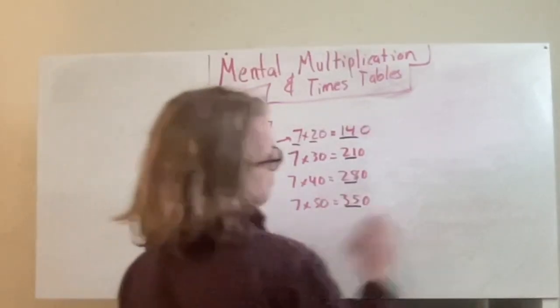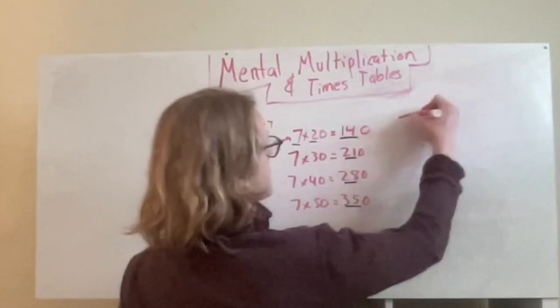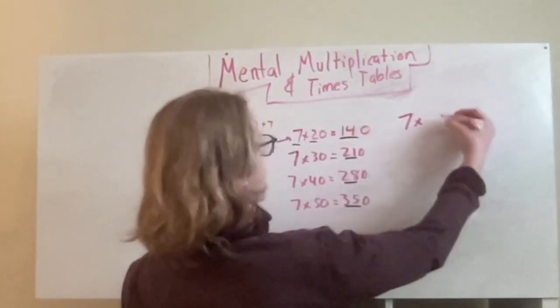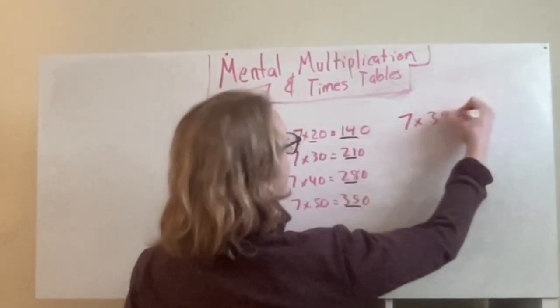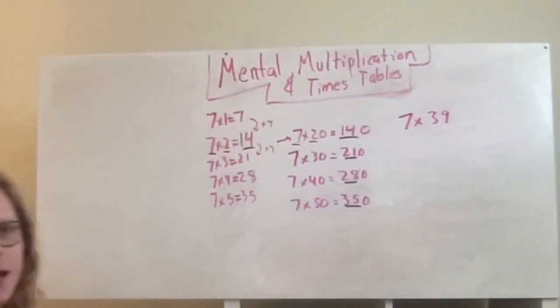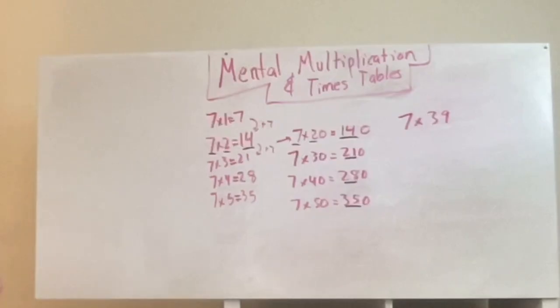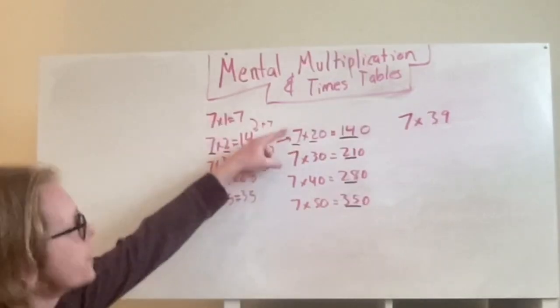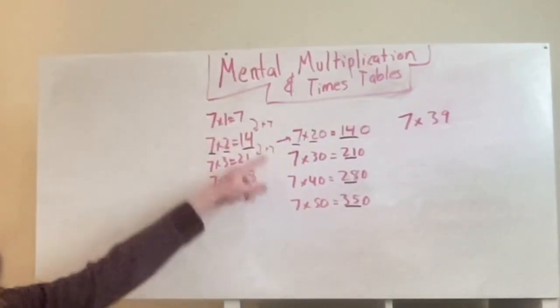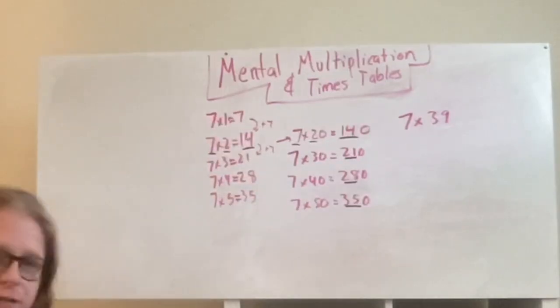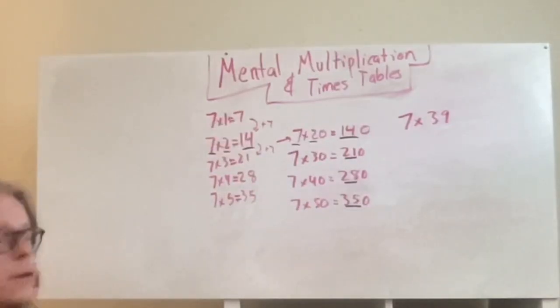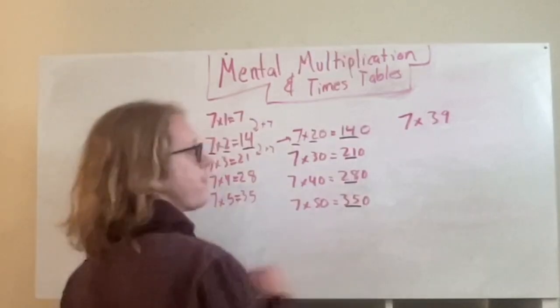example of 7 times 39. Okay, how am I going to do that in my head? Well, 7 times 39 is really close to which of these multiplication facts that we actually already know the answer to, right? It's really close to 7 times 40.